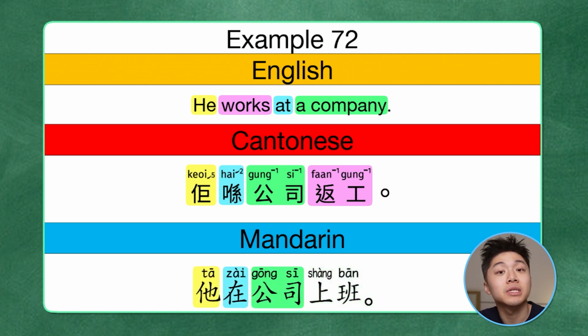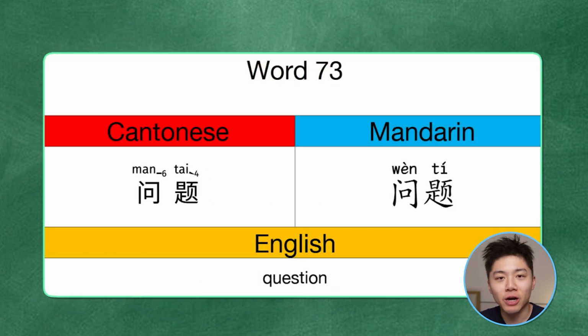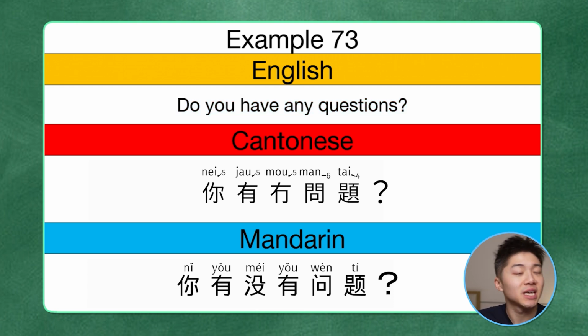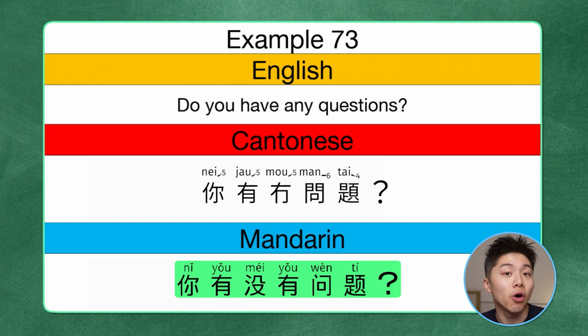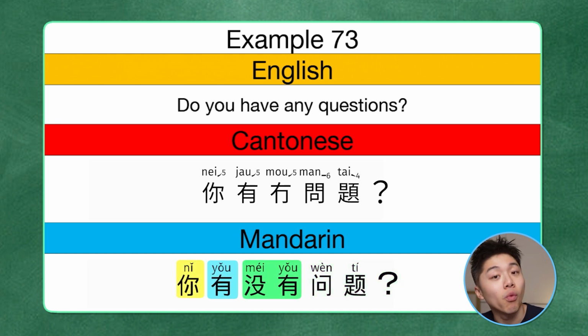Next, you got question. In Cantonese, 問題. In Mandarin, 問題. So for example, do you have any questions? In Cantonese, 你有冇問題? In Mandarin, 你有沒有問題?